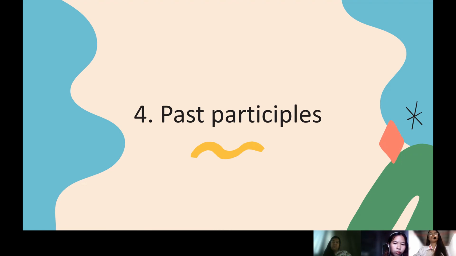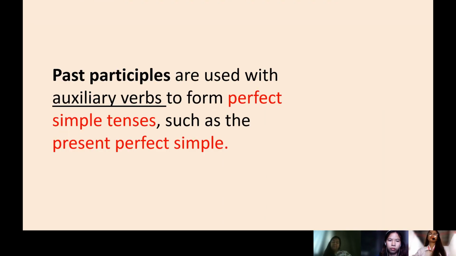Next, we have the past participle. So earlier, first, we have the infinitives. Next is the present participles and the gerunds. Now we have the past participles. Okay, can you please read what is past participles? Past participles are used with auxiliary verbs to form perfect simple tenses, such as the present perfect simple.